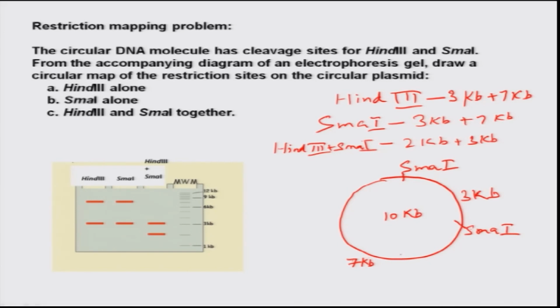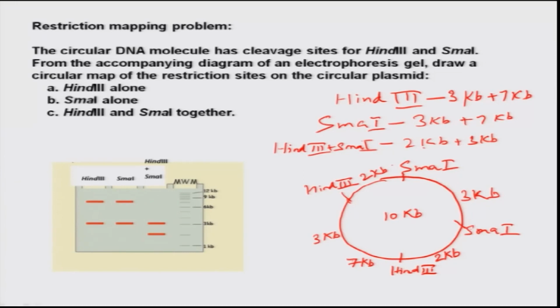So drawing a Hin3 site over here, which would give a 2 kb band according to the double digestion Hin3 and SMA1, and another site if we draw it over here, that will give us a fragment of 3 kb, and a Hin3 SMA1 fragment of 2 kb as mentioned here.